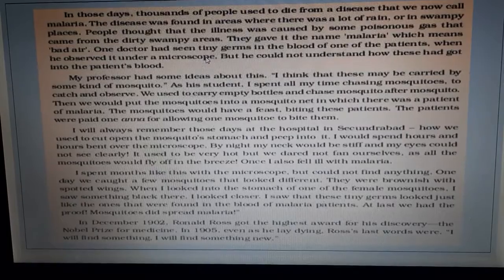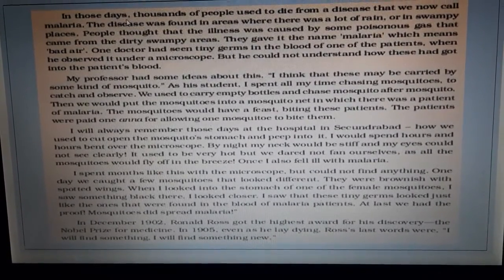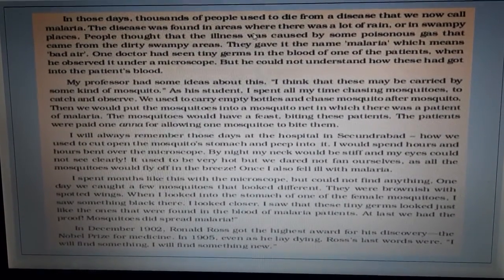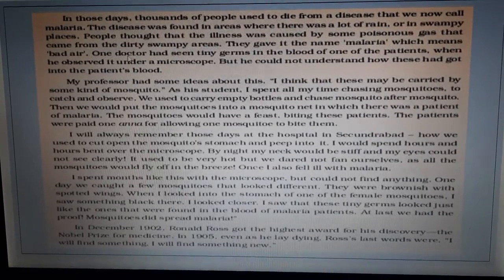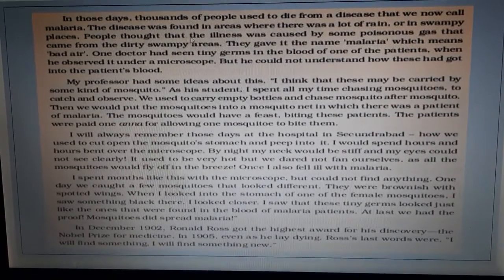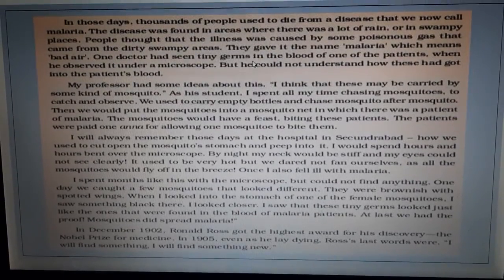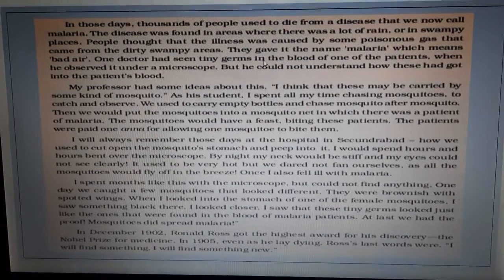In those days, thousands of people used to die from a disease that we now call malaria. The disease was found in areas where there was a lot of rain or in swampy places. People thought that the illness was caused by some poisonous gas that came from the dirty swampy areas.